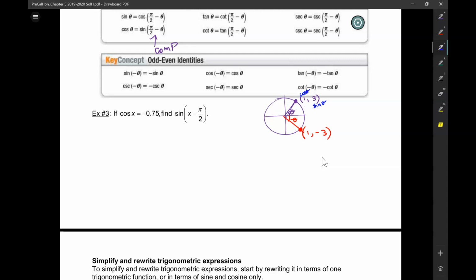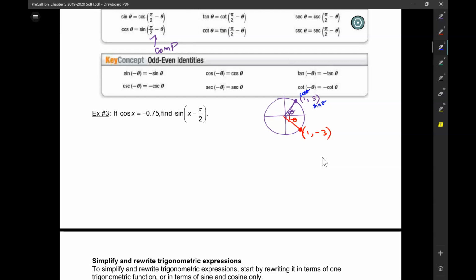So whether you have cosine of theta or cosine of negative theta, same value. The sine, however, will go between positive and negative. If I go from theta to negative theta, the value of the sine will switch sign, and go back and forth between positive and negative.